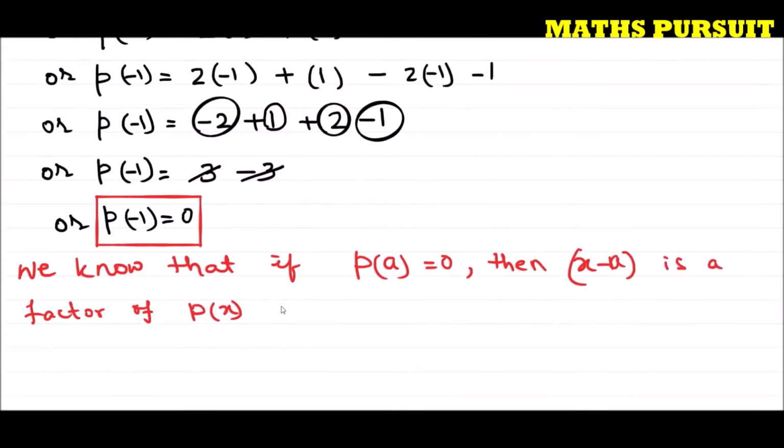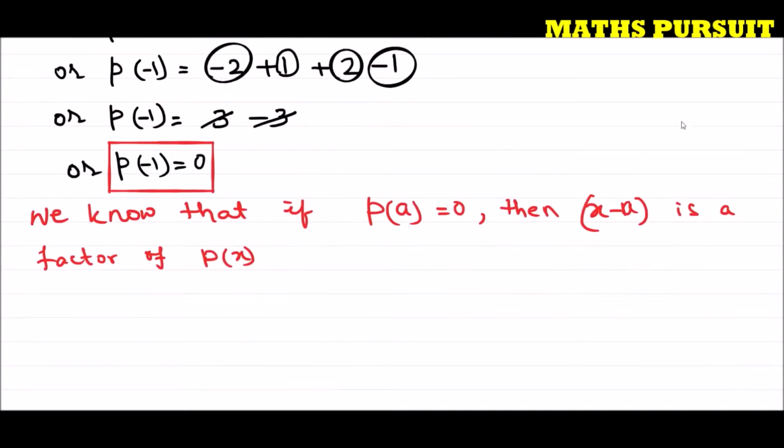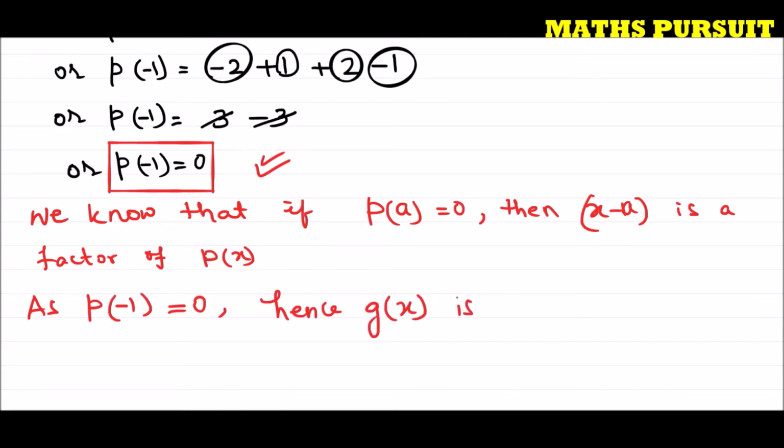So from this, I can write my concluding answer saying that p(-1) that we got here is equal to 0. Hence, g(x) is a factor of p(x). Something like this you need to write in your own words.